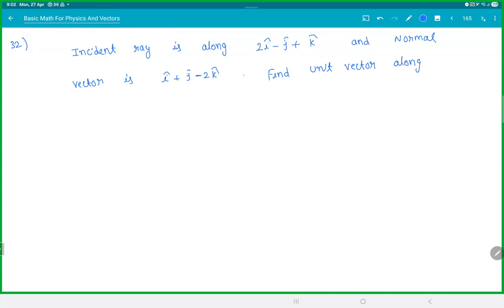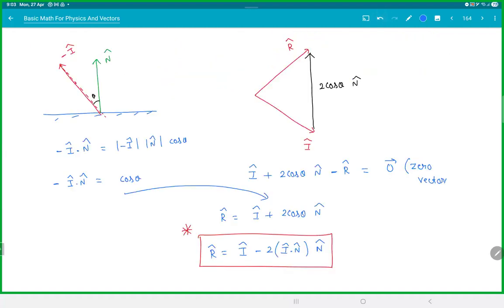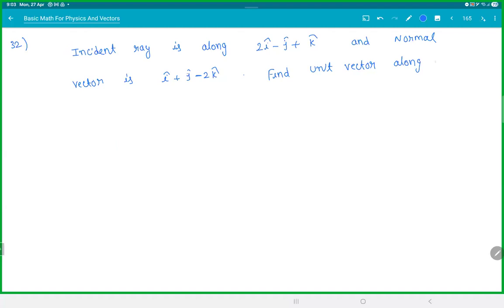If it is 2D, you can still draw a picture and figure out the answer. Once in 3D, you're gone. And be careful here, they didn't give I cap and n cap, they gave I bar and n bar. But the formula had all caps, so you had to convert into cap first. And this thing gives you the unit vector only, it does not give you the actual vector. Find the unit vector along the reflected ray. Let's get this.